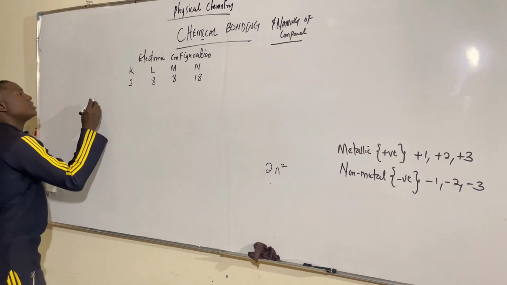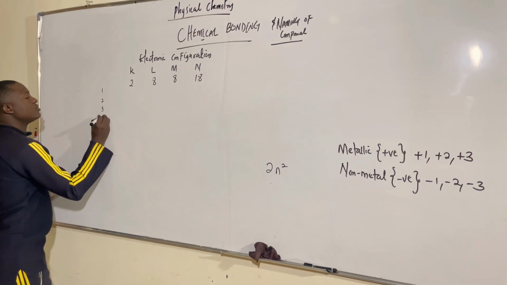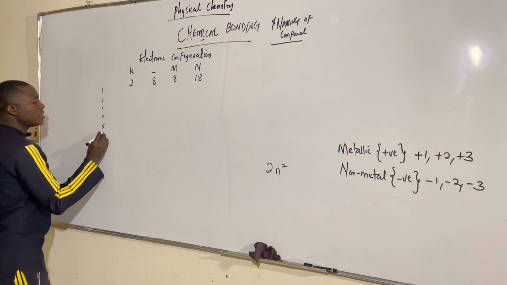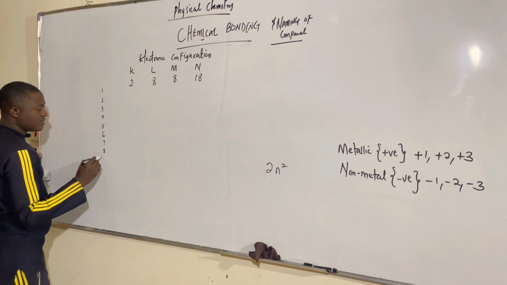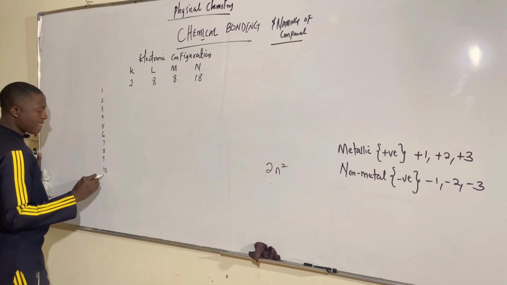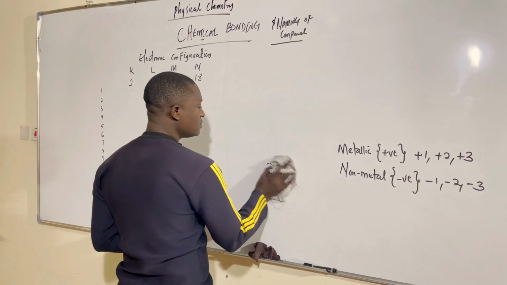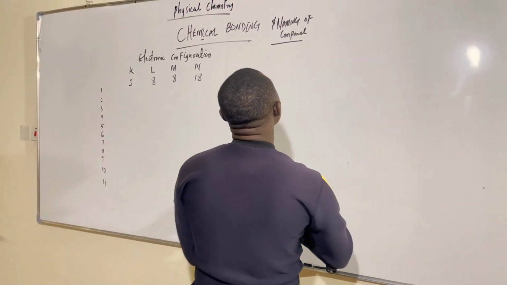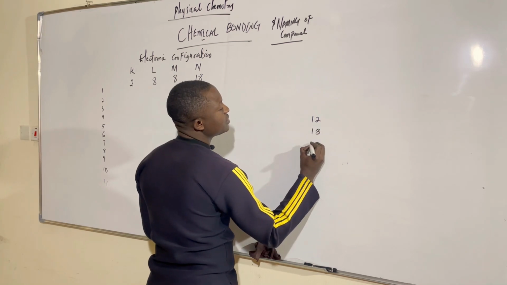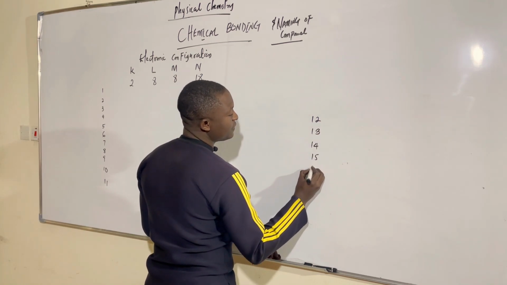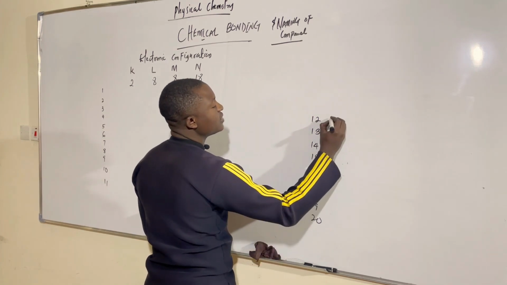So let's see how we are going to write for the first elements: hydrogen, helium, lithium, beryllium, boron, carbon, nitrogen. Okay, let me label them first, 8, 9, 10, 11, 12, 13, 14, 15, 16, 17, 18, 19, 20.